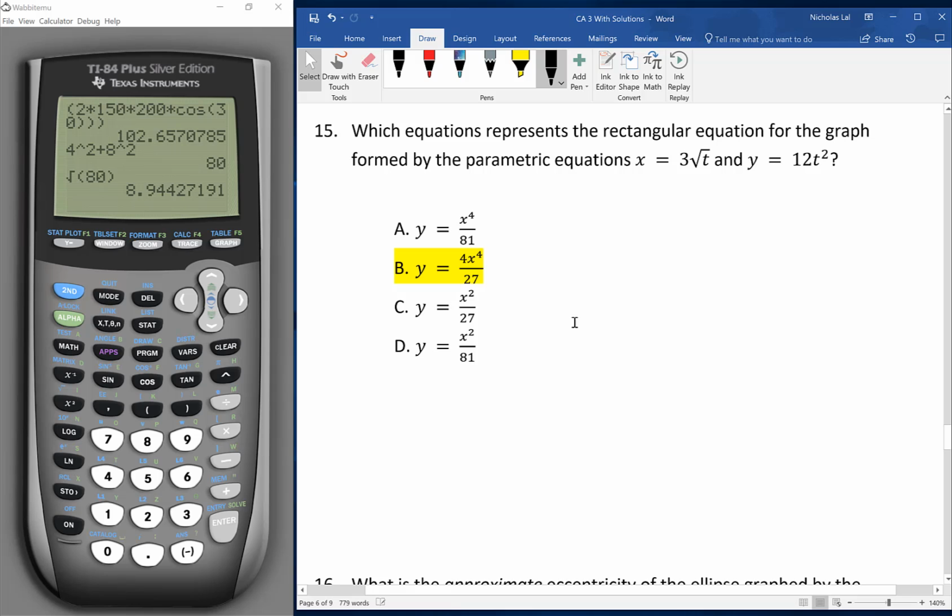Problem 15. Which equations represent the rectangular equation for the graph formed by the parametric equations x is equal to 3 times the square root of t and y equals 12t squared? Well, first we need to eliminate the parameter.